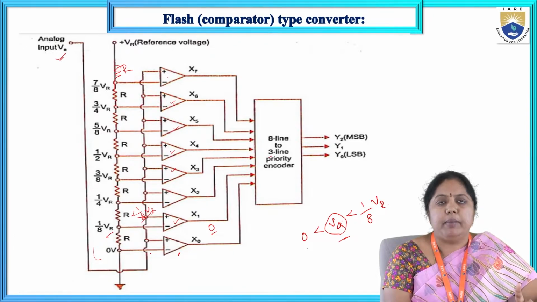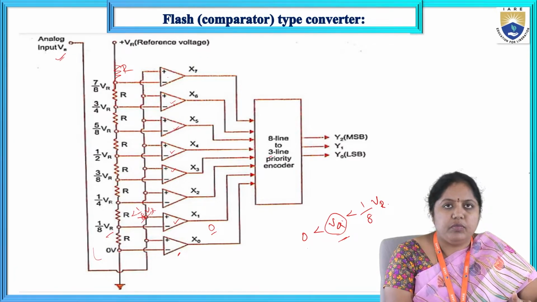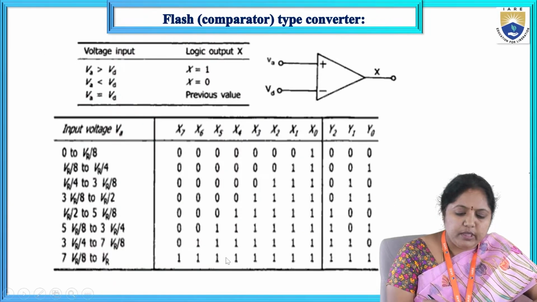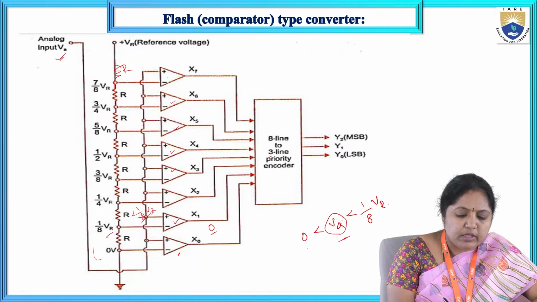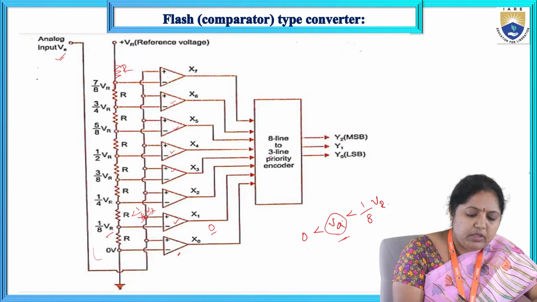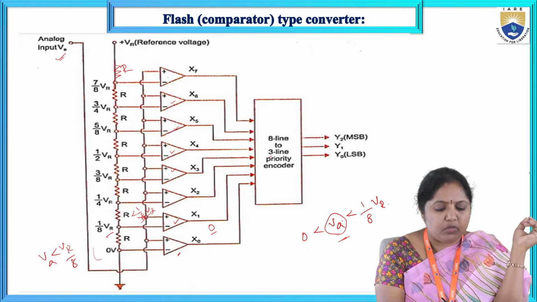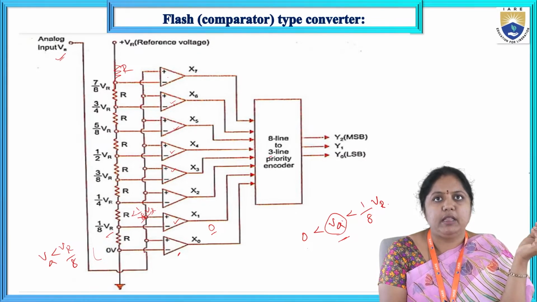Now coming for the down comparator. For this comparator, the voltage at this node is 0. Now, what is the voltage at this node? The voltage at this node, VA, is less than VR by 8. So this positive potential value is more than the ground.